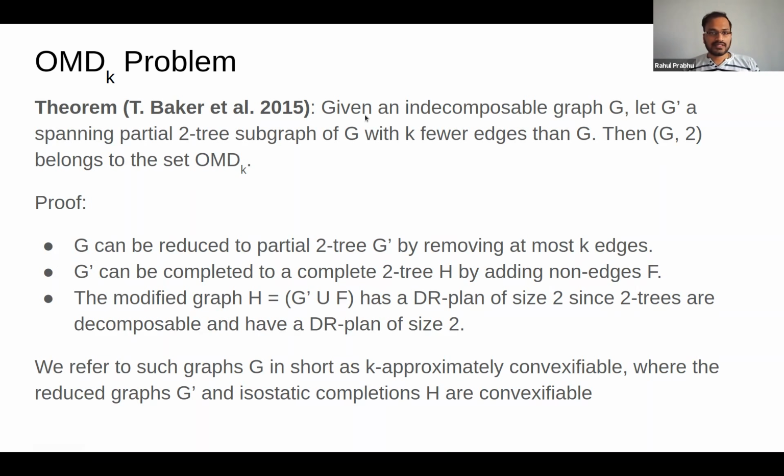So you start with the graph G, and the problem statement says that I can remove K edges to get a partial two tree. And once I get a partial two tree, I can complete it to a two tree by adding certain non-edges.